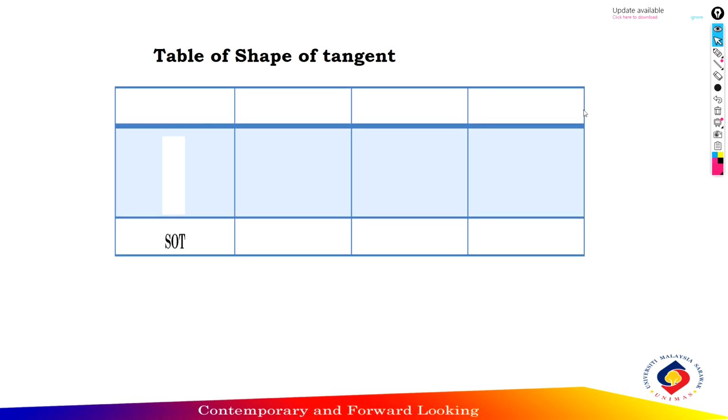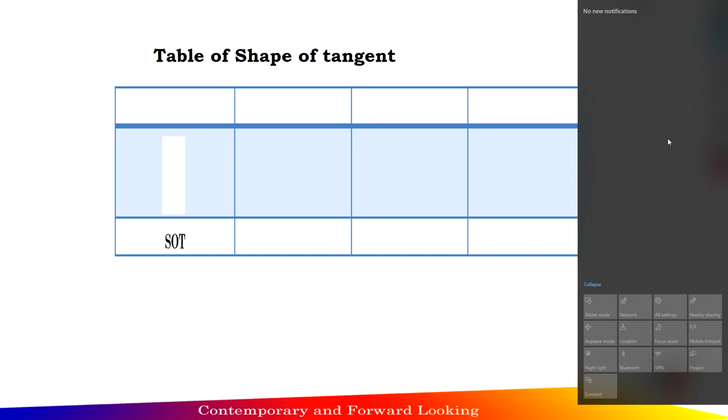Okay, step 2, you draw the table of shape of tangent. Table with 4 columns and 3 rows. First row here you put the value of x.